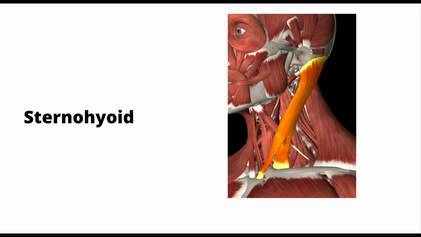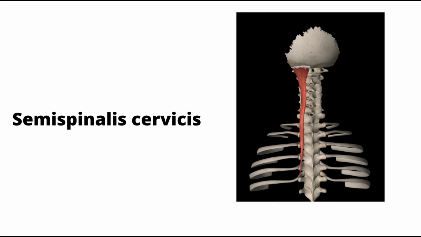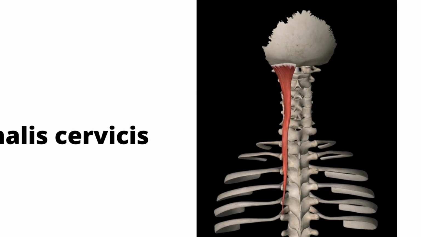The sternohyoid is the one that depresses the hyoid bone. And finally, the semispinalis cervicis does bilateral extension of the cervical spine and unilateral flexion of the neck and rotation of the neck to opposite sides.